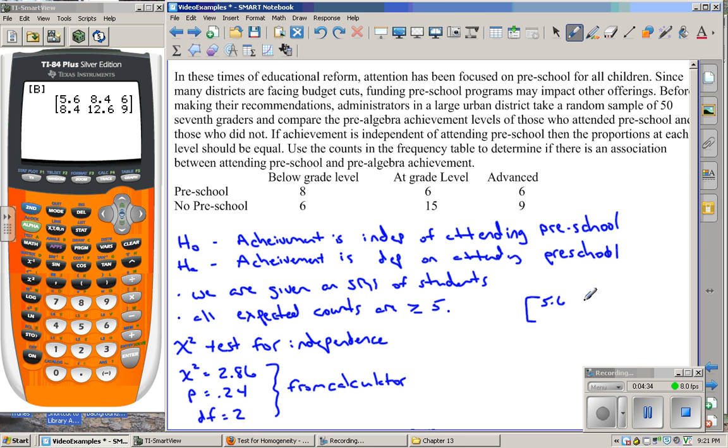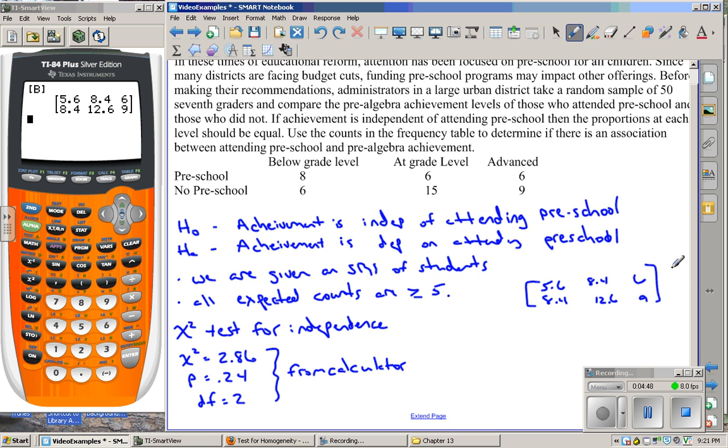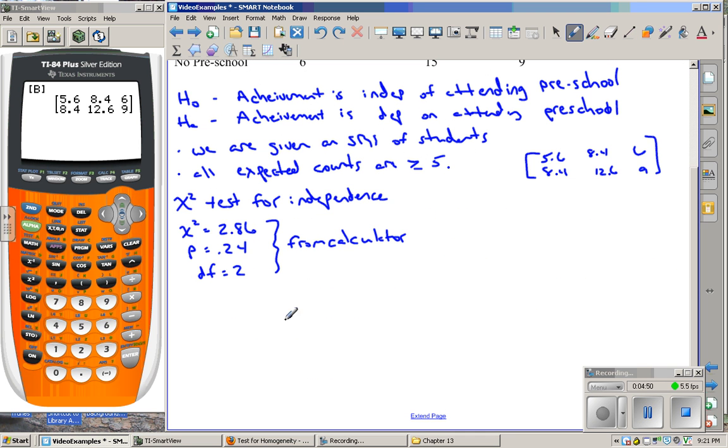So 5.6, 8.4, 6, 8.4, 12.6, 9. If you're going to make this claim, this assumption, then you need to show me what your expected values actually are.